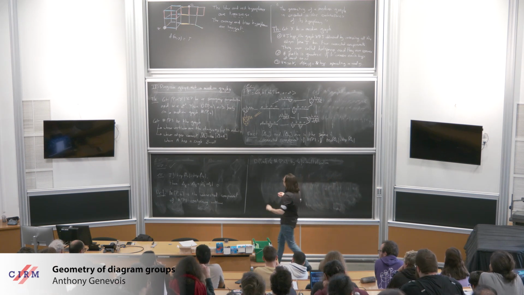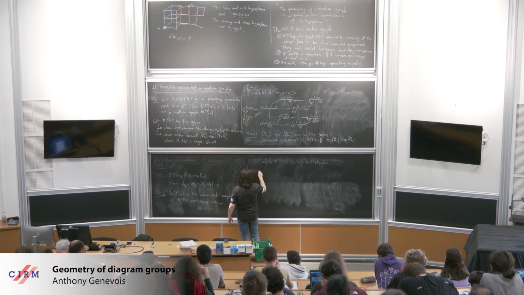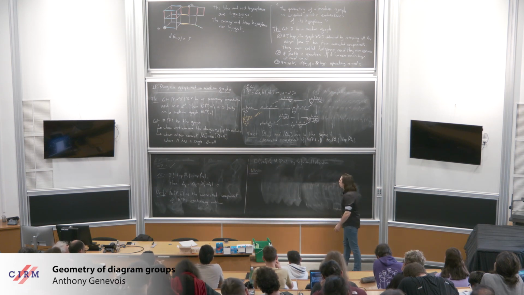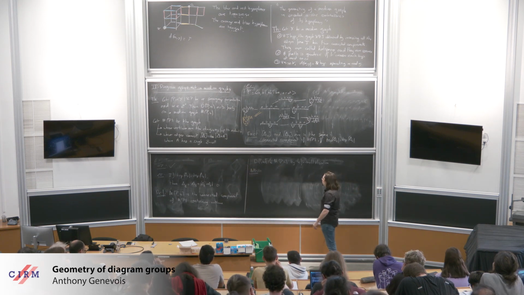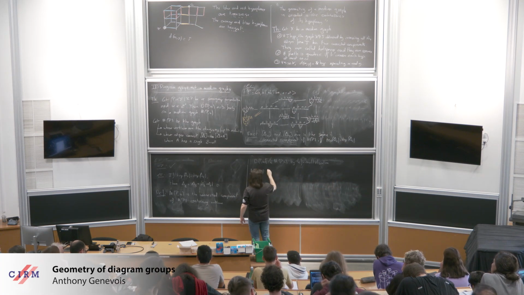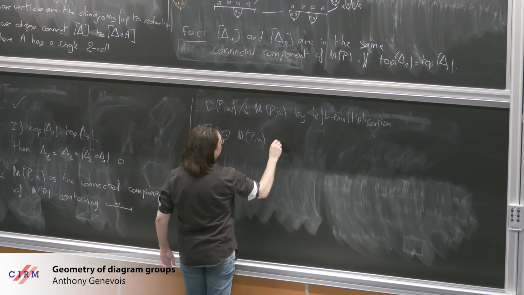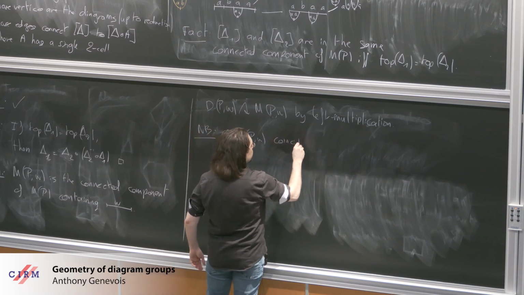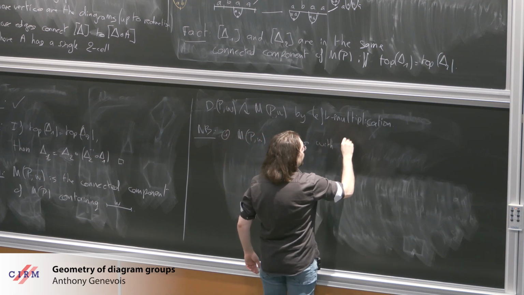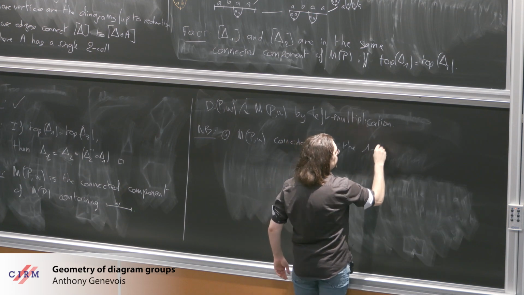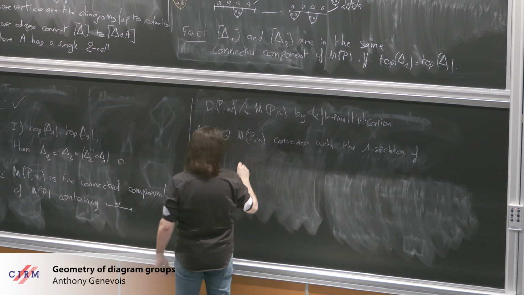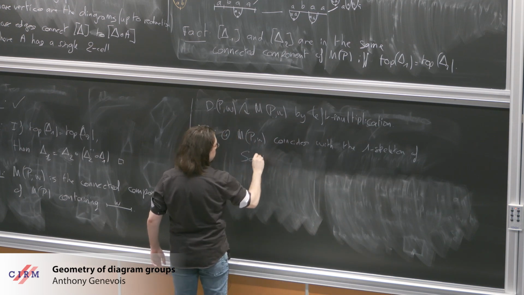So maybe I would like to add two remarks, because this graph can be thought of from different points of view. The first one is that MPW coincides with the one skeleton of the universal cover of the square complex defined yesterday.